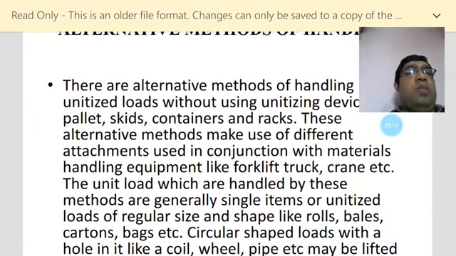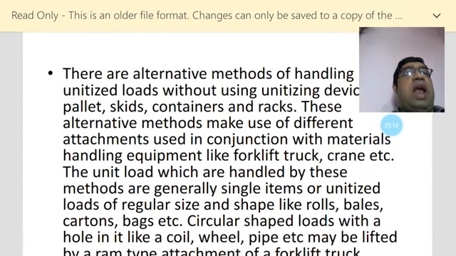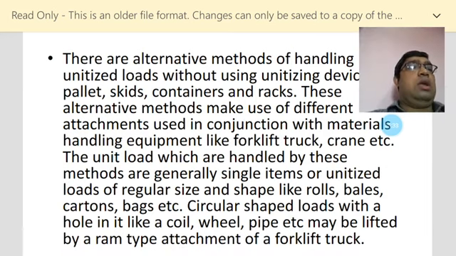These alternative methods make use of different attachments, used without skids and pallets, in conjunction with materials handling equipment like forklift trucks, cranes, etc.